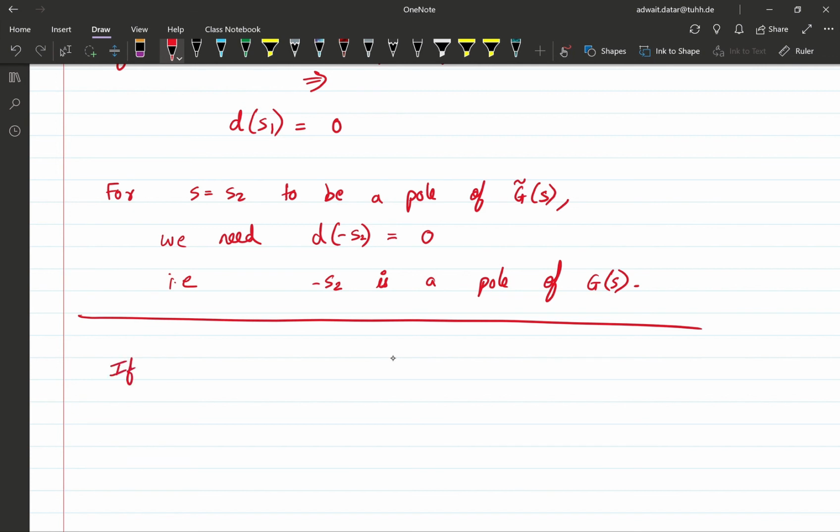If S1 is a pole of G of S, minus S1 is a pole of G tilde of S, and we also have the other way around.